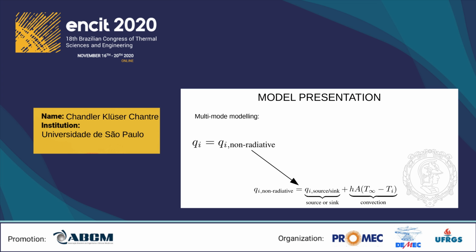Our model permits the introduction of other heat transfer modes inside the radiative system, which must be represented particularly for each new problem. For example, in the equation below, we can see a modeling of a heat source and also a convection.